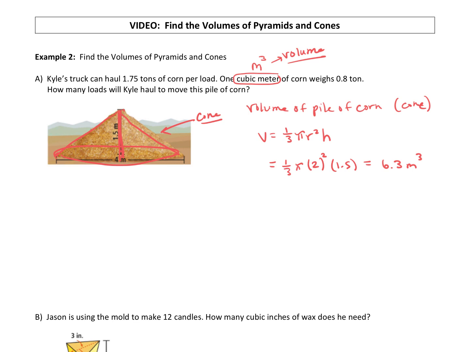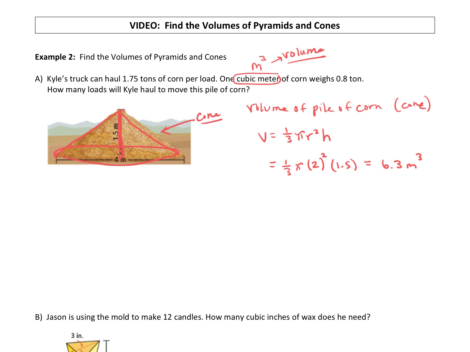All right, so Kyle's got this truck and it can haul 1.75 tons of corn per load. So we want to figure out how much this weighs. If we have a volume of corn at 6.3 meters cubed, what does that weigh? We're told here that 1 cubic meter of corn weighs 0.8 tons, and we have 6.3 of those.